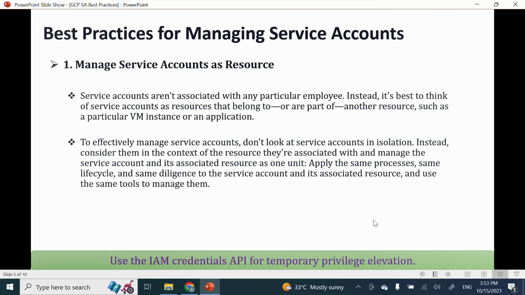Instead, consider them in the context of the resources they are associated with and manage the service account and its associated resources as one unit. Apply the same processes, same life cycle, and same diligence to the service account and its associated resources and use the same tools to manage them.